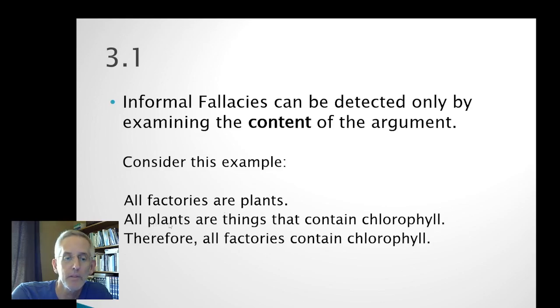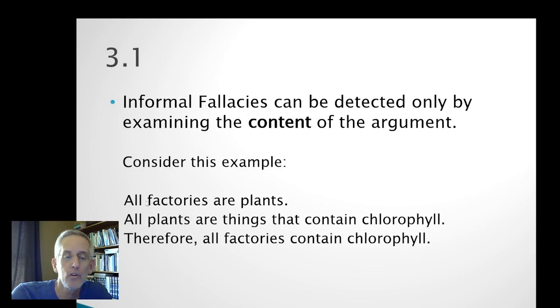And in the second premise, we're using the word plant to refer to these living organisms that produce carbohydrates through photosynthesis. So for an argument to be acceptable, you can't change the meaning of the terms throughout the argument. The terms have to stay consistent in their meaning, and so this argument would fail as a result of changing the meaning of the terms.